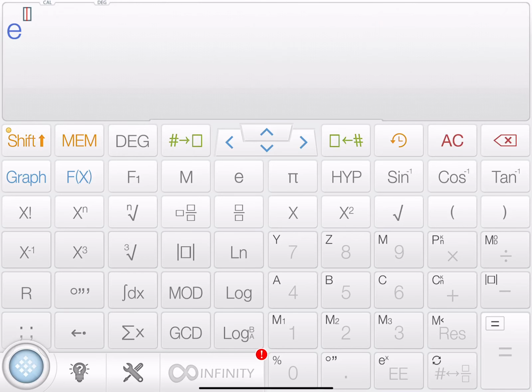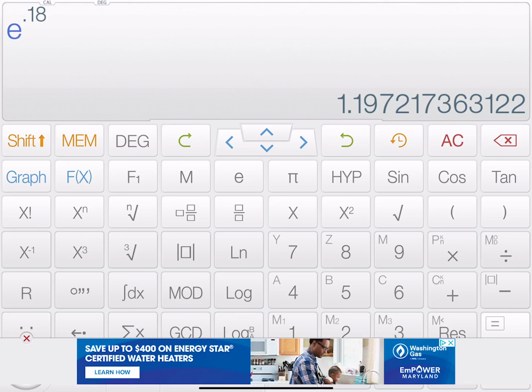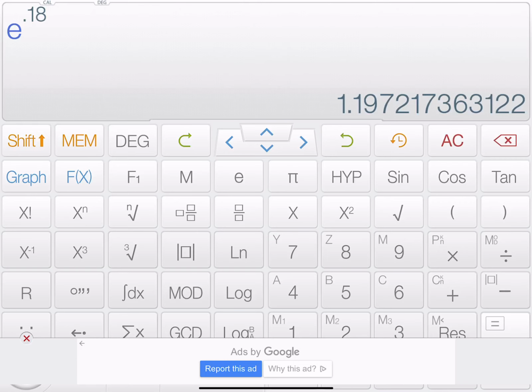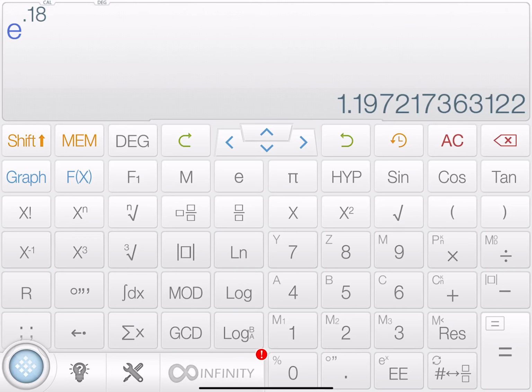And then I type in the number, 0.18. And this is what I get out, 1.197. Now, on your phones or calculators, you may have to type in the number, the 0.18 first, and then type the e to the x button.